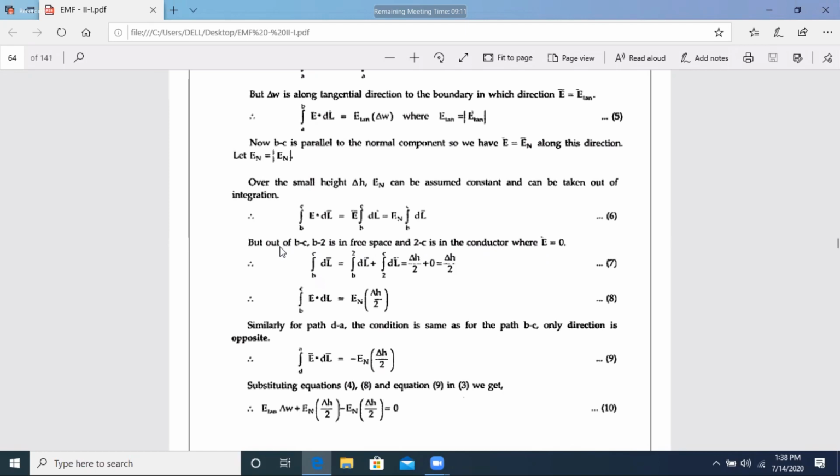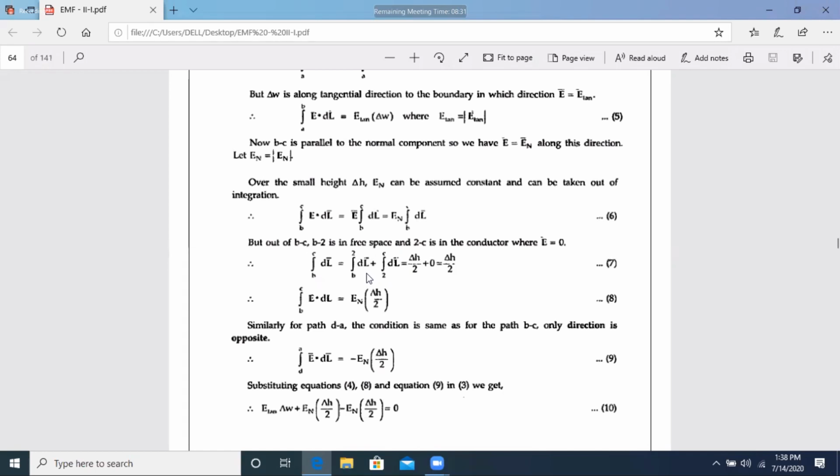This is what we said already. C is in the conductor, so E equals 0. But outside, which we call B2, is free space.